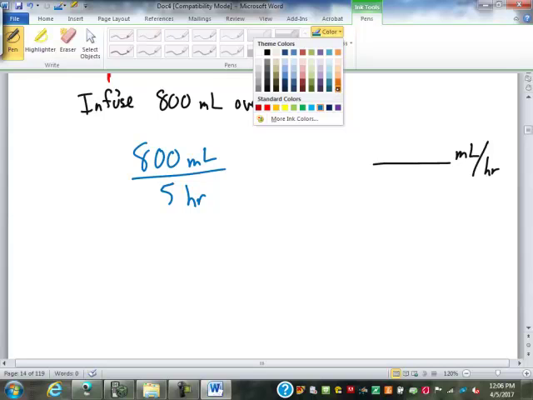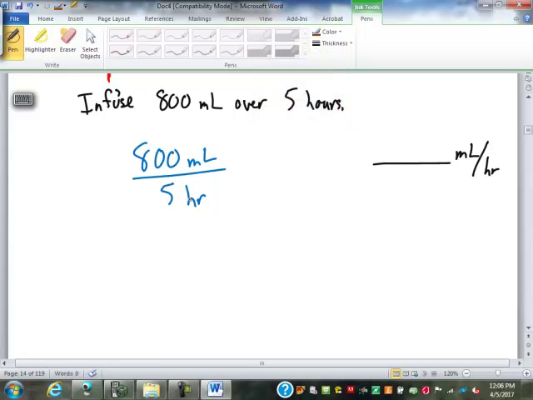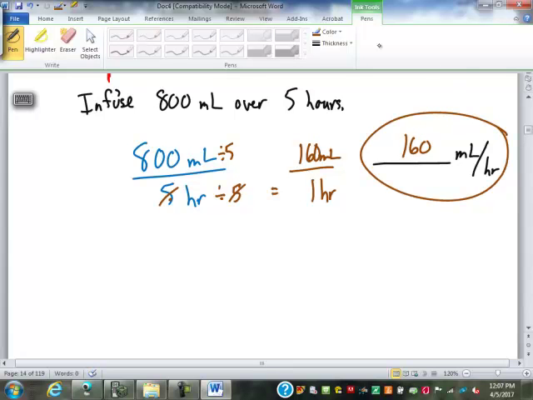Well, all we need to do here, it's already in milliliters over hours, we just have to make it a unit rate. So the number in the denominator is 5, we're going to divide both numbers by 5. So that cancels out to give us 1 hour on bottom. 800 divided by 5 is, sorry, 160 milliliters on top. That's 160 milliliters per hour is our flow rate.